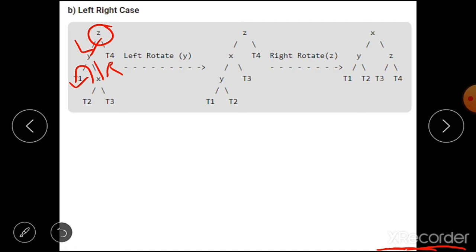After the left rotation, x becomes the root and y becomes the left child of x. Then we perform a right rotation based on z. So z becomes the right child of x, x becomes the root and y becomes the left child, and x's right child becomes the z's left child.